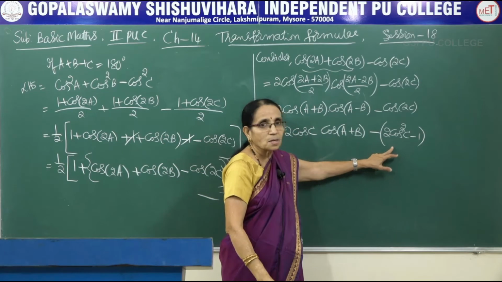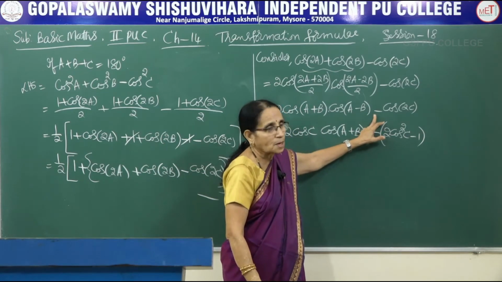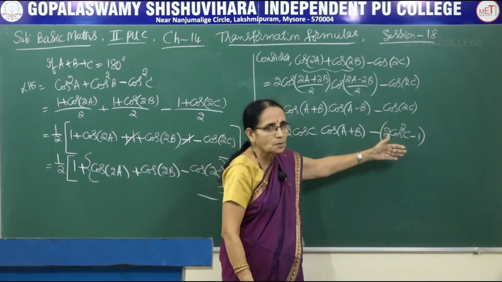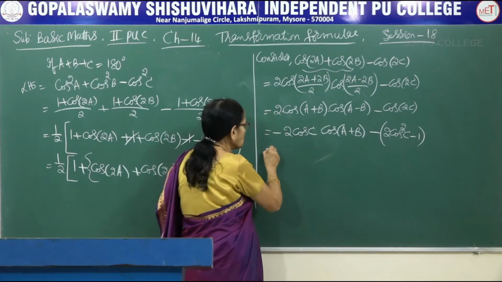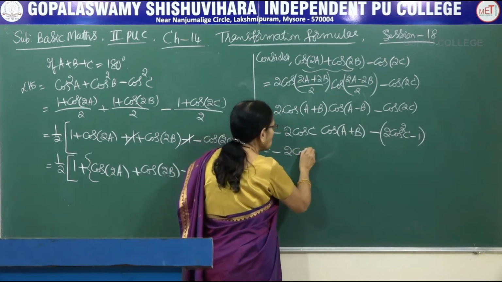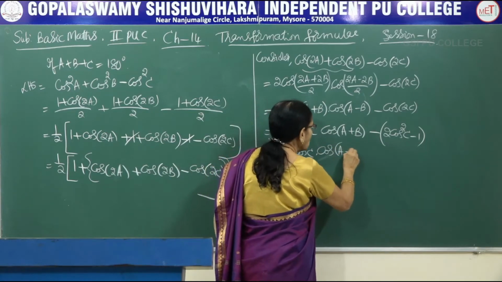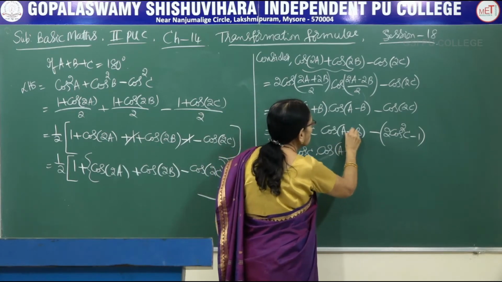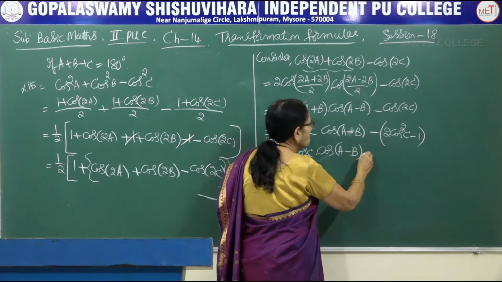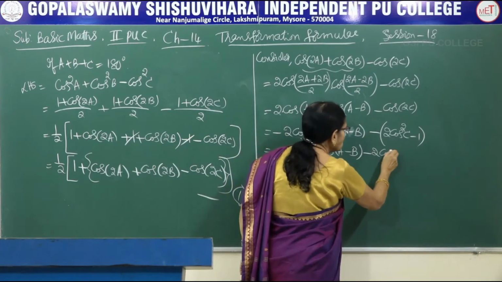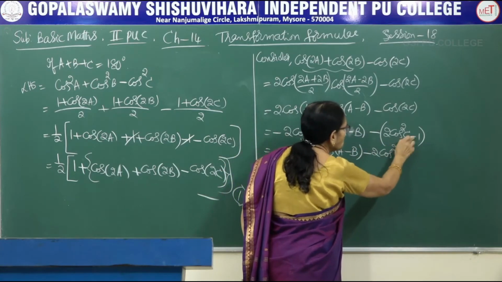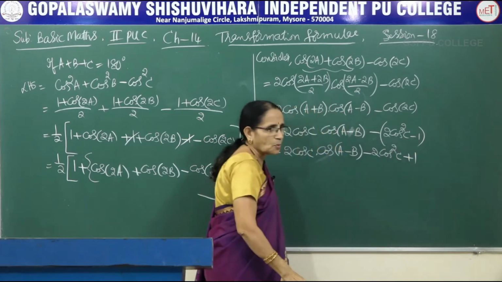Better you write inside the bracket because we are having a minus sign. If that were to be positive, you could have written as it is. Now remove the bracket, minus 2 cos C into cos of (A minus B) minus 2 times cos square C minus of minus plus 1.